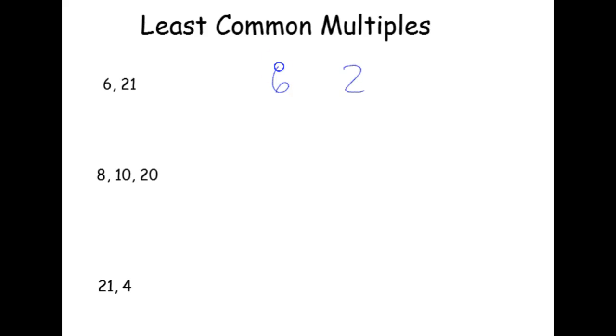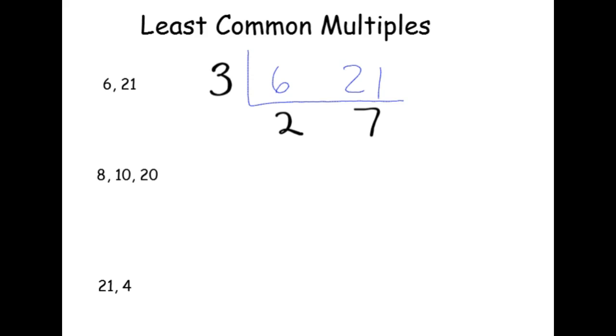When you have 6 and 21, you start by writing them down, and then you draw what looks like an upside down division bar right there, and then you look for what factors they have in common. 6 and 21 have a factor of 3 in common, so we write that on the outside. 3 goes into 6 twice, it goes into 21 7 times, and then we look at that 2 and 7 and say, do they have any factors in common?